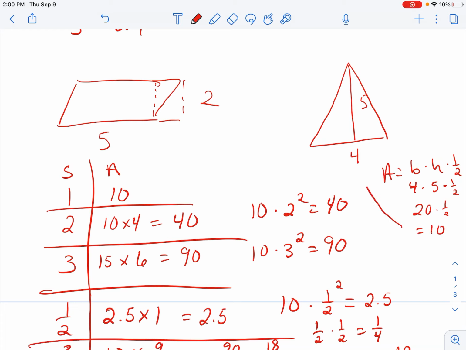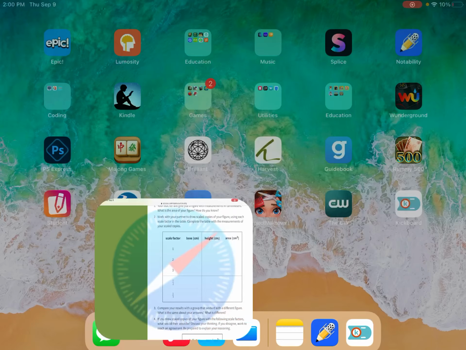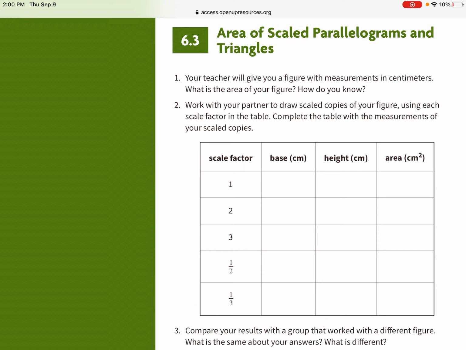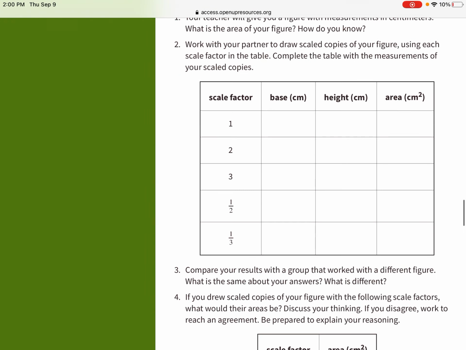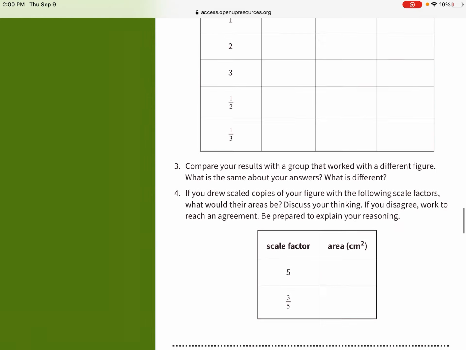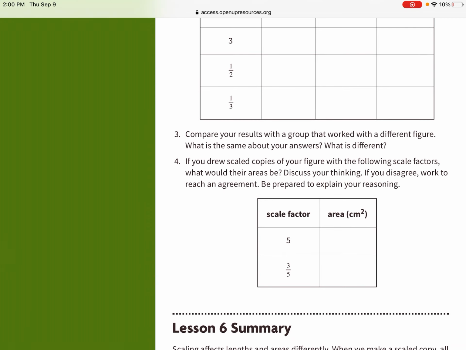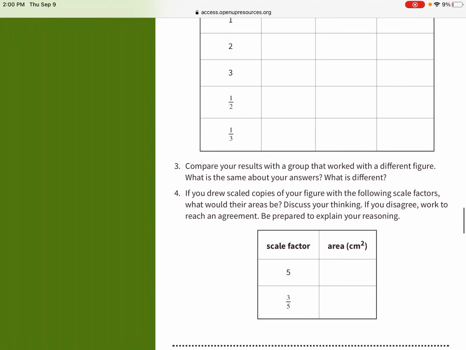And you'll find that this one is going to increase the same as this one with those scale factors. So that would be filling out this chart right here. Oh, sorry, it was 1/3. So instead of that 18, it would have been 1/9 times 10. All right. So that's what you should see, is that as you do both figures, the area is changing once again by that scale squared.